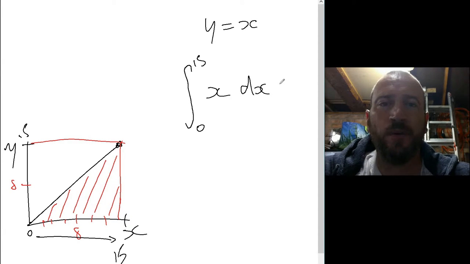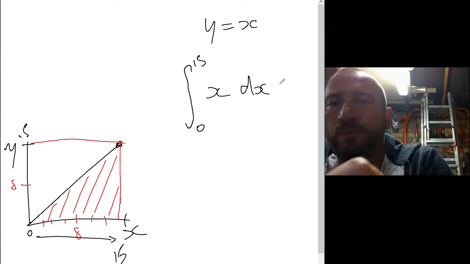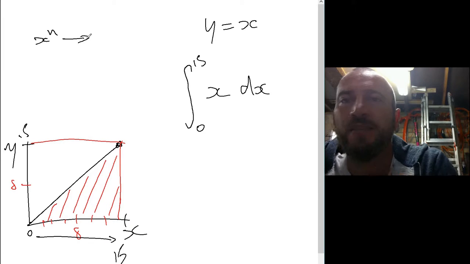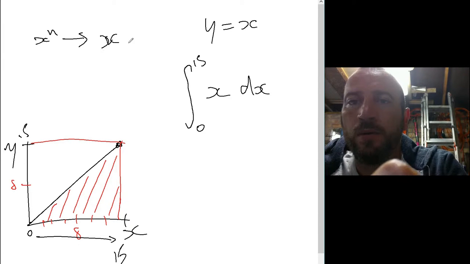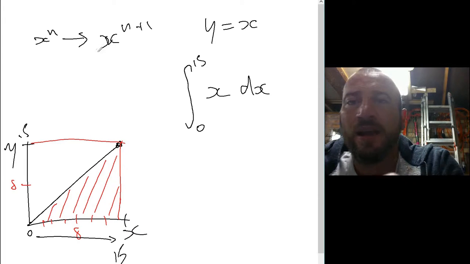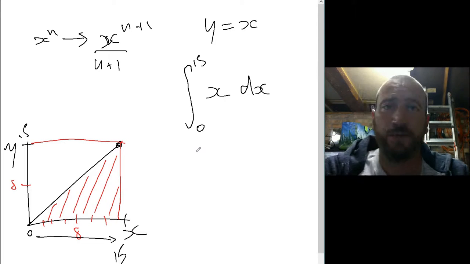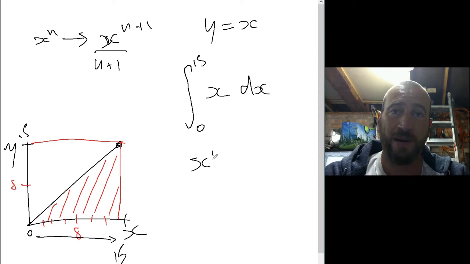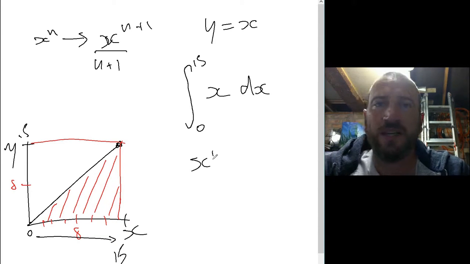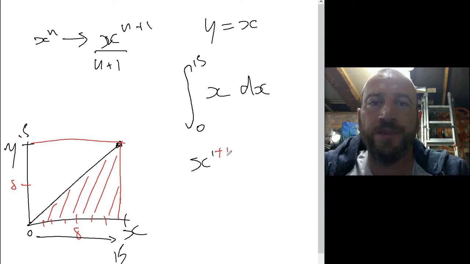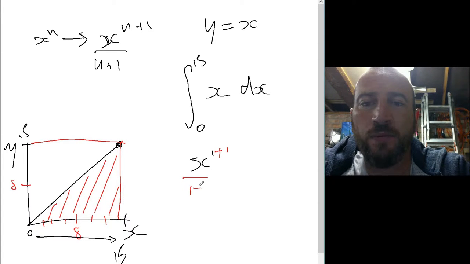So what do we do here? Well, this is the formula. If we've got x to the power of n, when we integrate, we add 1 to the n, and we divide by n plus 1. For this function, x is to the power of 1, because any value to the power of 1 is itself. So to integrate x, we add 1 and then divide by 1 plus 1.